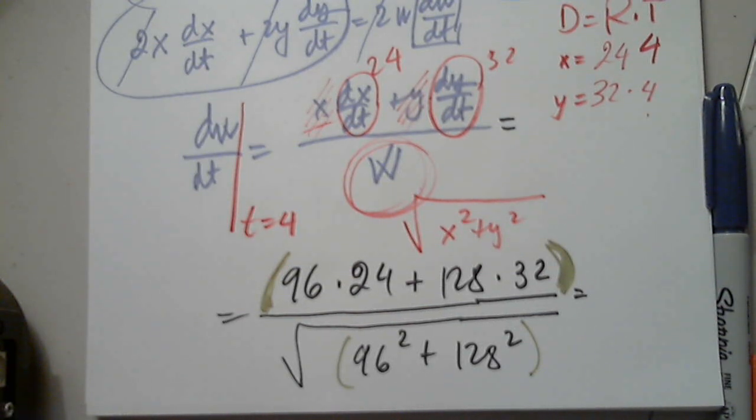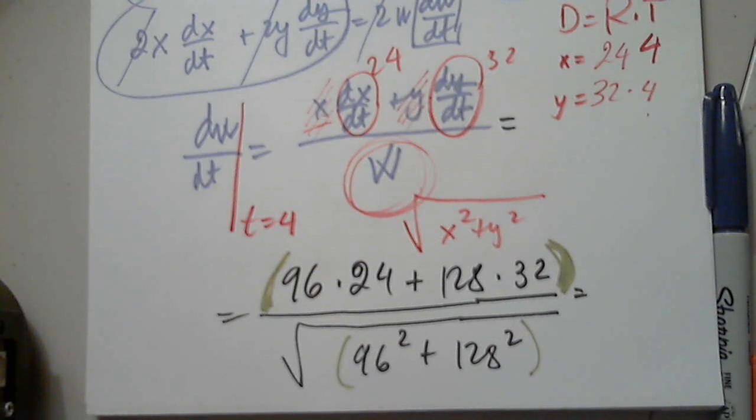Parentheses, 96 times 24, and then plus 128 times 32, and close, and divide by the square root. In most calculators, it pops up with a parenthesis, not in this one anymore, the sophisticated ones, plus 128. But I don't know what calculator you have, and I'm just too used to putting parentheses everywhere they are needed.